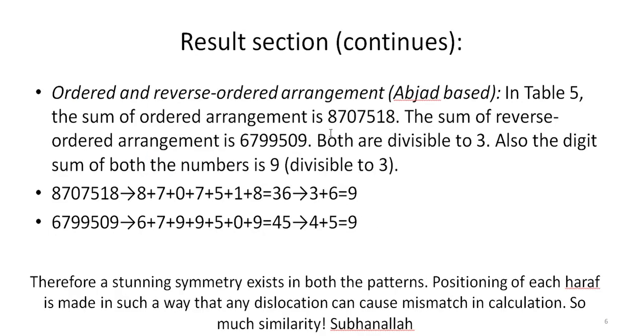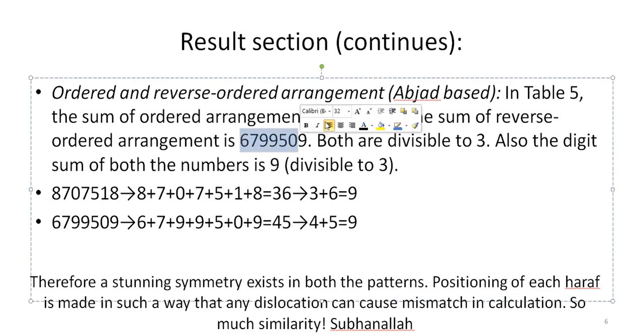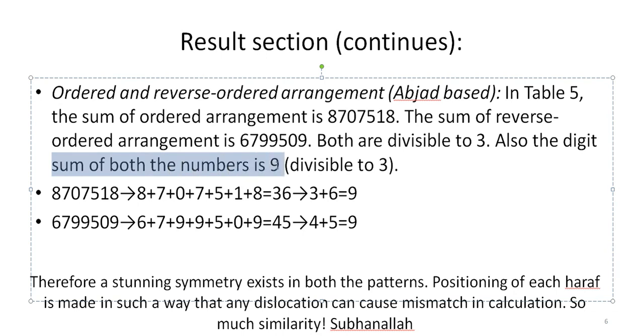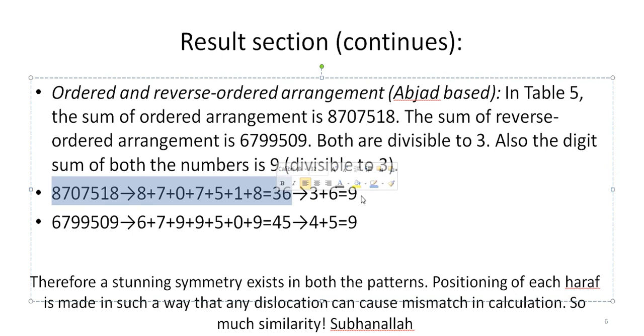We see that both numbers are divisible by 3. Also, the digit sum of both numbers is 9, and 9 is divisible by 3.